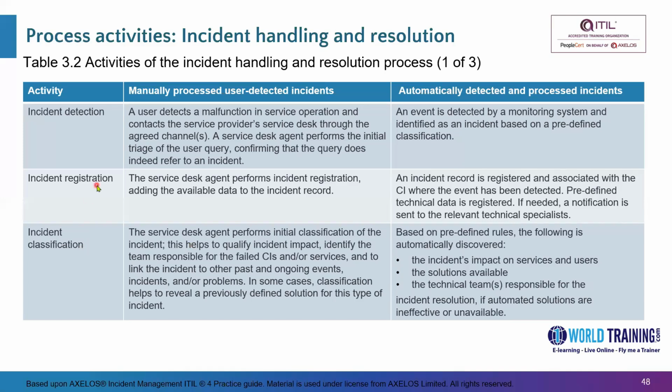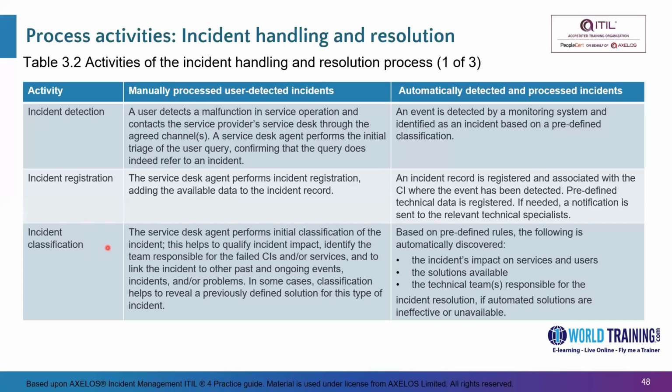Now, during the registration, only the incident record is actually created. You might have seen in the previous diagram that the incident record is shown also in the incident detection step, the first step, but it is actually created in this step as per this text that we are reading here. So it's possible that in the detection step there's only partial information, but the actual complete registration happens during the second step of registration.